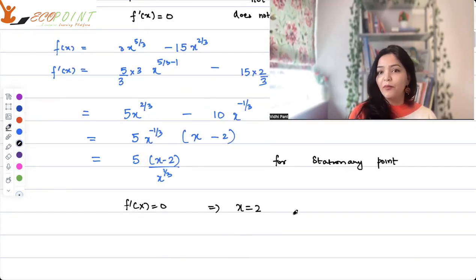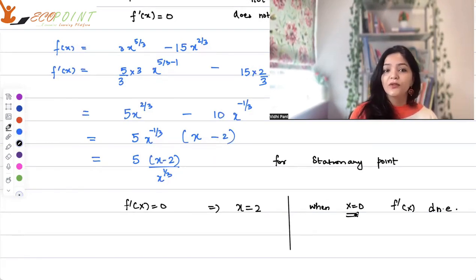But one important point in this question is that when x is equal to 0, you can see that f dash x does not exist. Hence, x equals 0 is also a critical point. So there are two critical points here, 0 and 2. This is happening because x is in the denominator in your f dash x, in simple words.